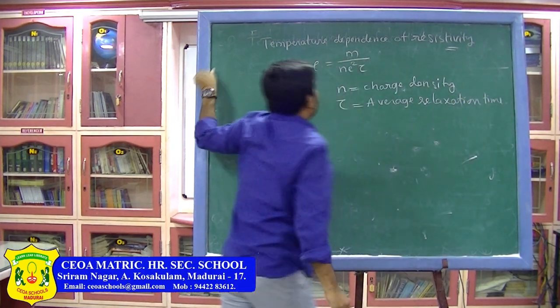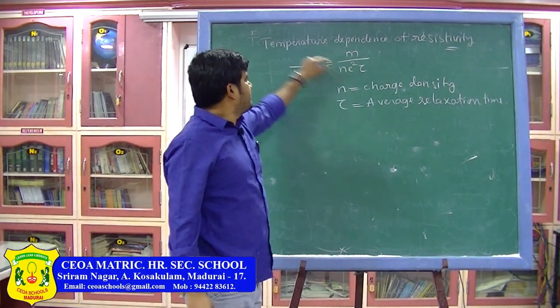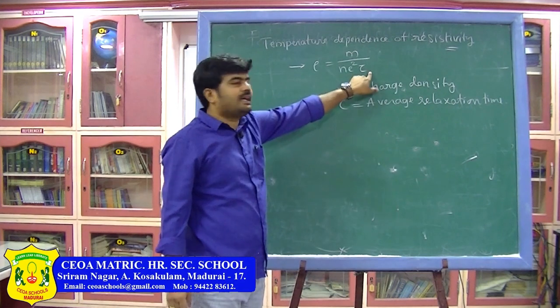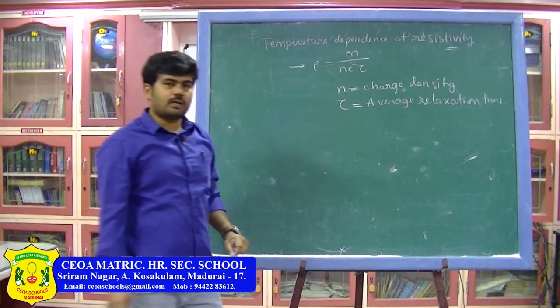Now because m and e are constants, the resistivity of the material depends inversely on the n value and the relaxation time value. Now first let us talk about metals.